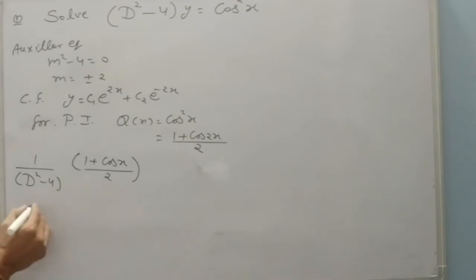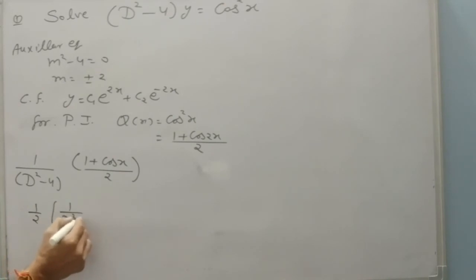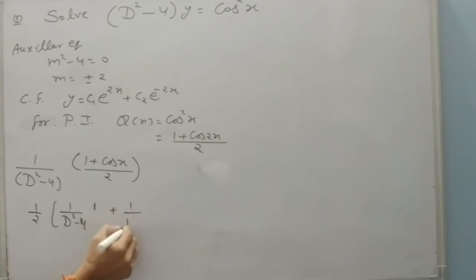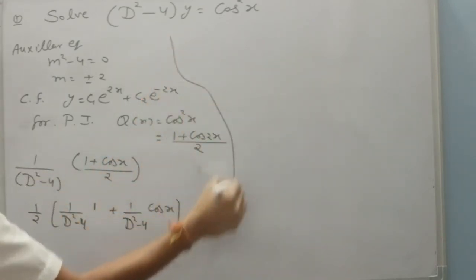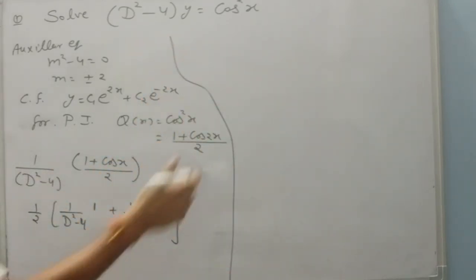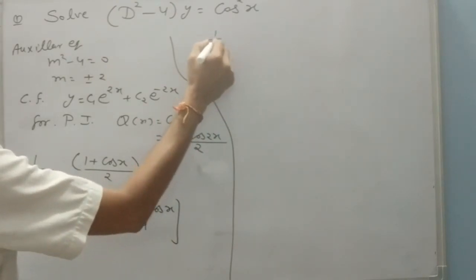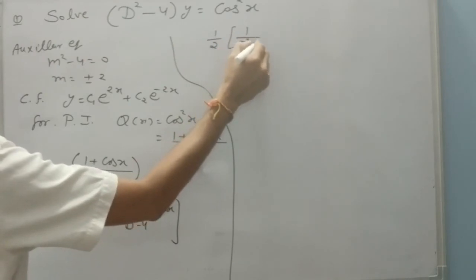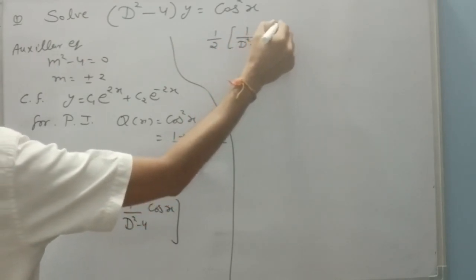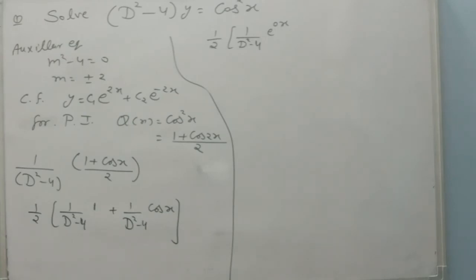As 1 by 2 we have taken out, it is 1 upon 2, 1 upon D square minus 4 of 1 plus 1 upon D square minus 4 of cos 2x. I can write this as 1 upon 2, 1 upon D square minus 4, e to the power 0x. We know that 1 can be written as e to the power 0x.